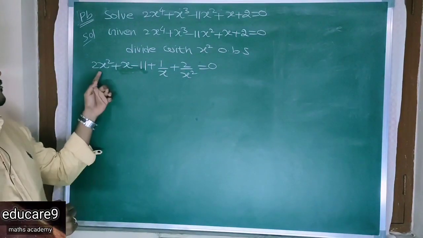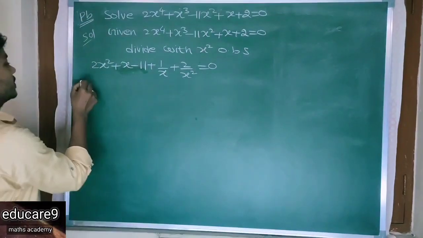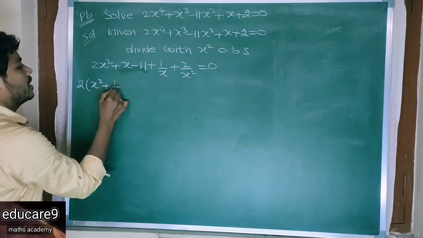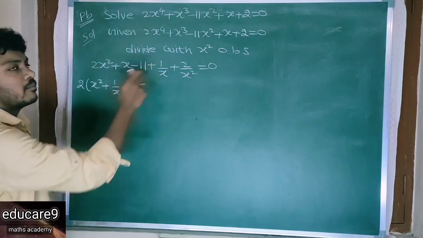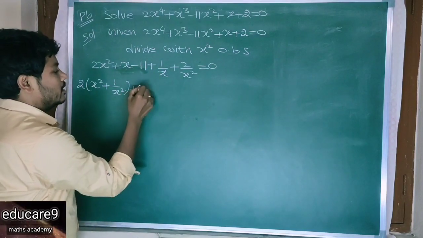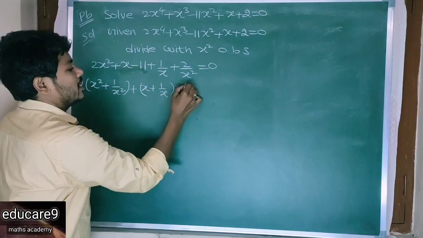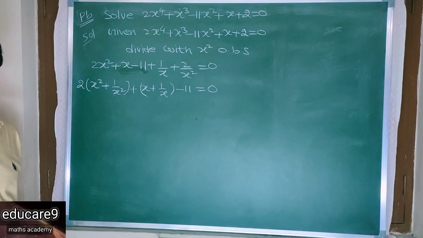Now here from first and last, 2 is common. So 2 is common, what you get? x square plus 1 by x square, and write x plus 1 by x, so constant is 11. This equals to 0.